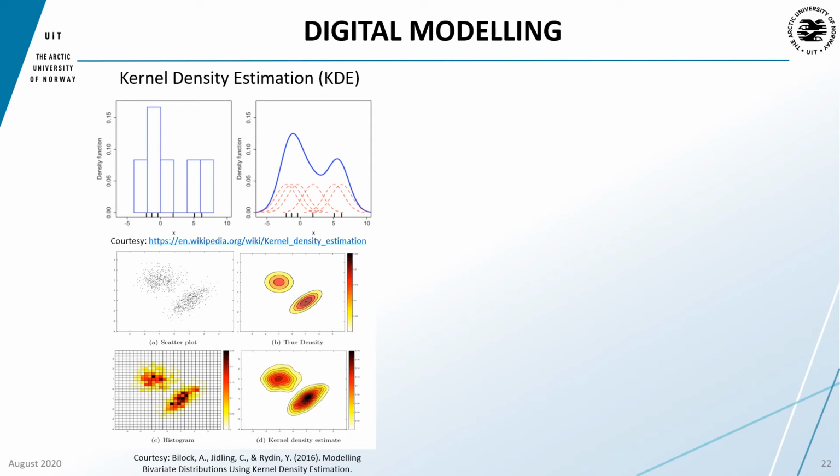The lower figure shows data generated from a combination of two bivariate normal distributions visualized through a scatter plot, a histogram, a true density, and a kernel density estimation.